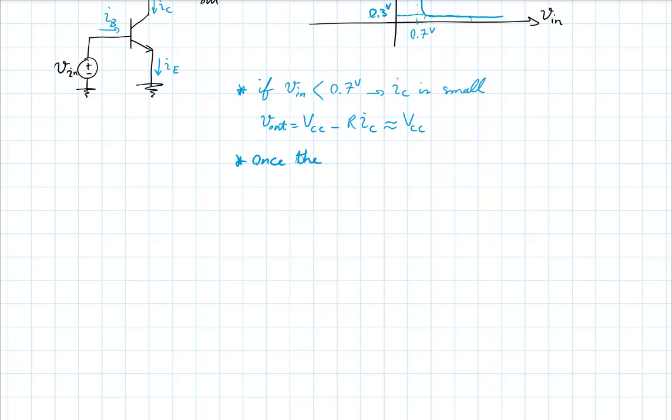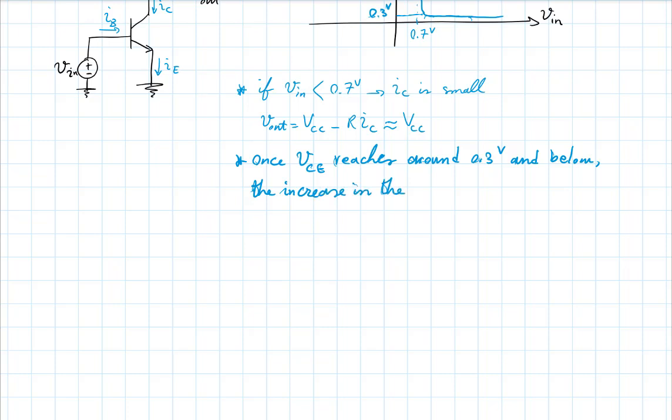Once VCE, which is the same as V out, reaches around 0.3 volts and below, the increase in VBE does not lead to a significant increase in IC anymore.